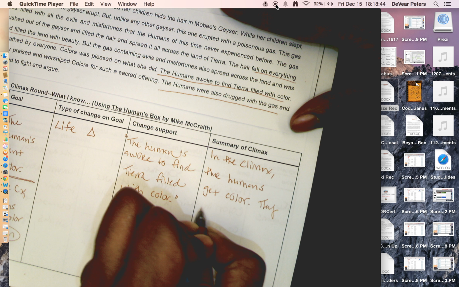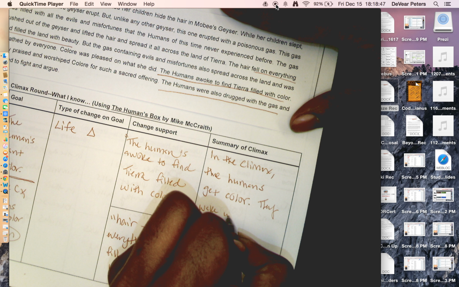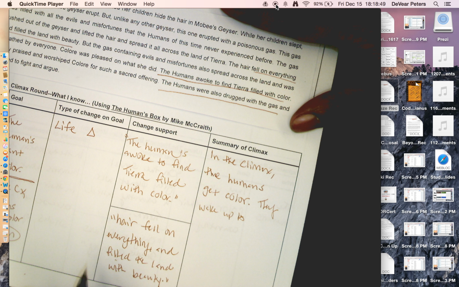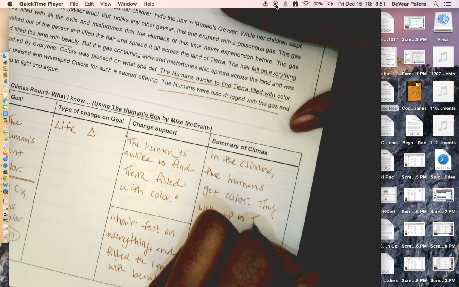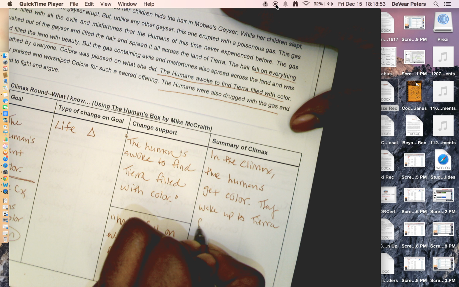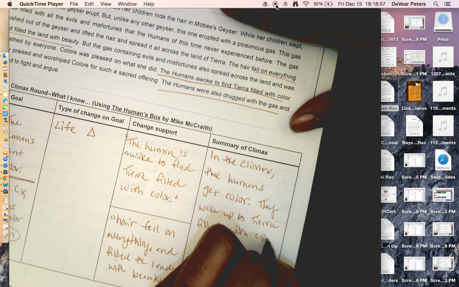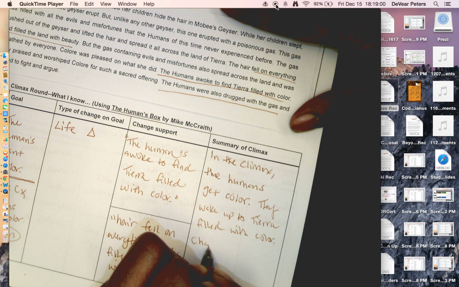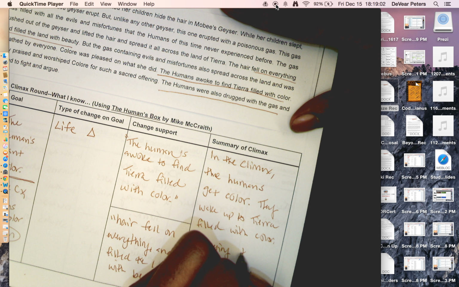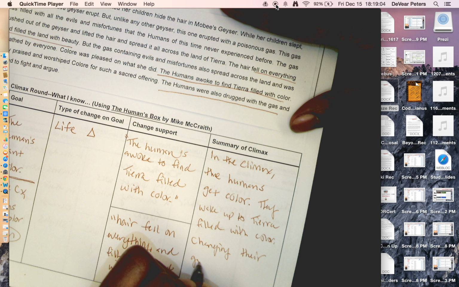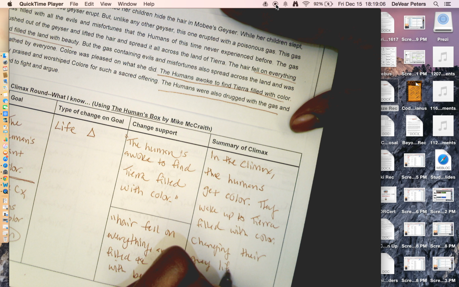They wake up to Tierra filled with color, changing their gray lives.